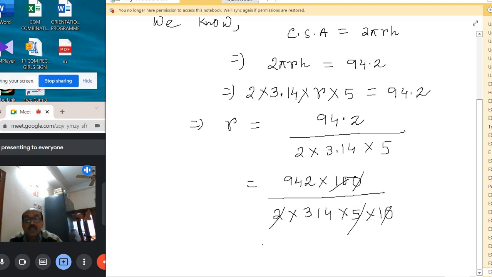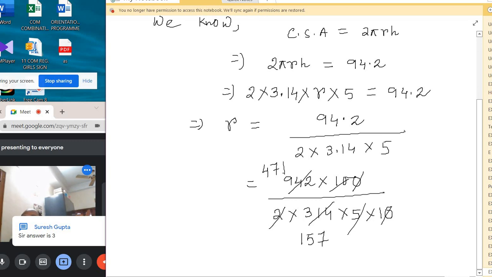Now 942 by 314, it will go by 2. 314 by 2 is 157, and 942 by 2 is 471.